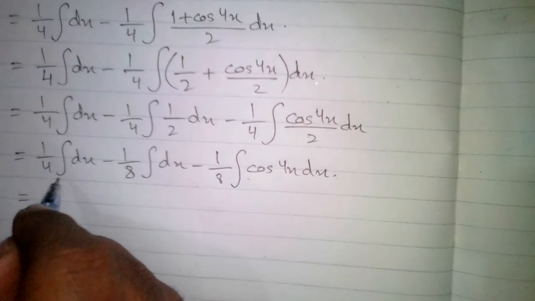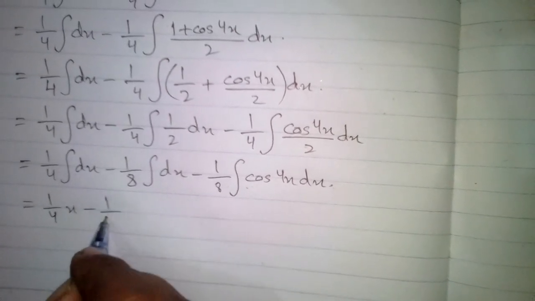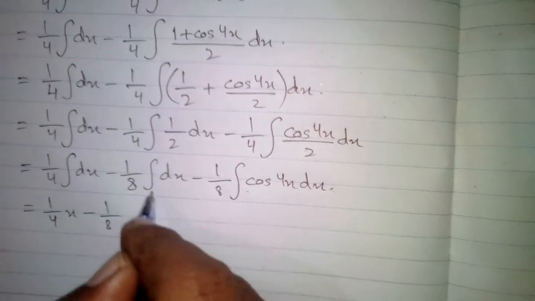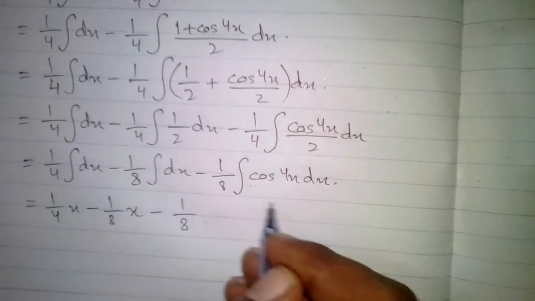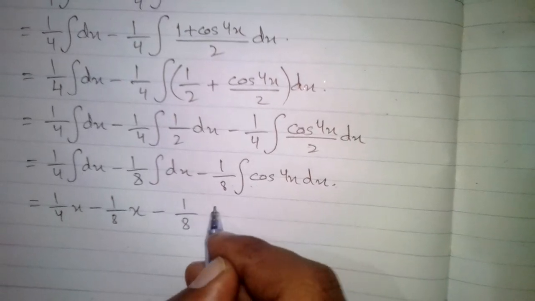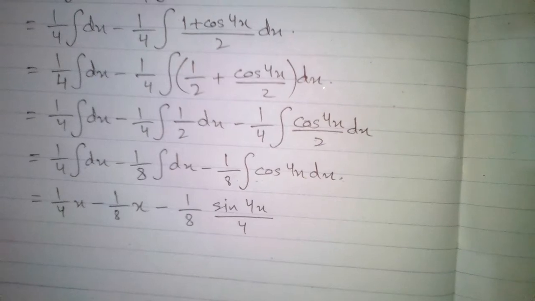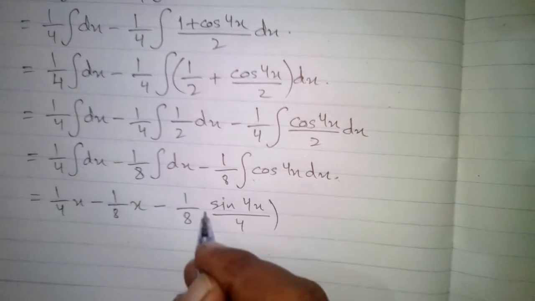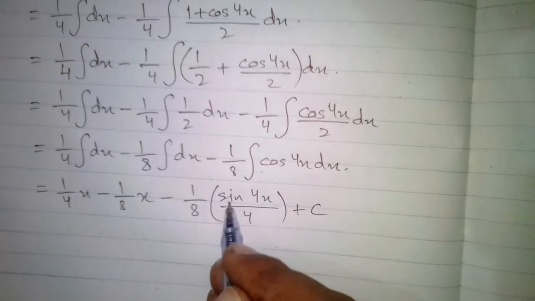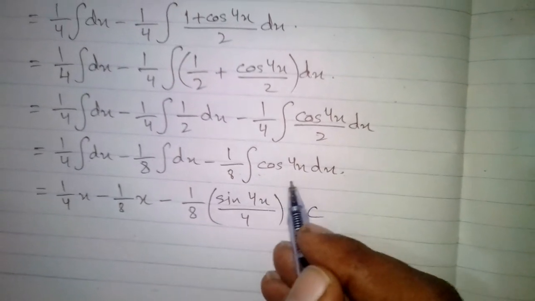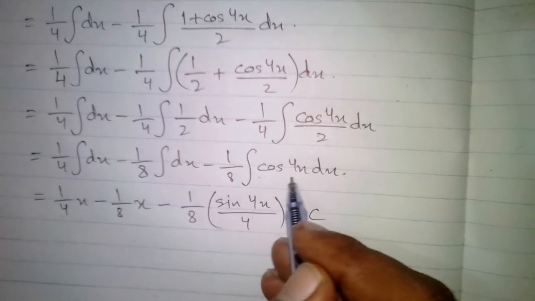Now the integral of dx is x, minus 1 upon 8 integral of dx is x, minus 1 upon 8 integral of cos 4x is sin 4x upon 4, plus c, where c is the constant. Integral of cos 4x is sin 4x, and we will divide this sin 4x by the derivative of 4x.